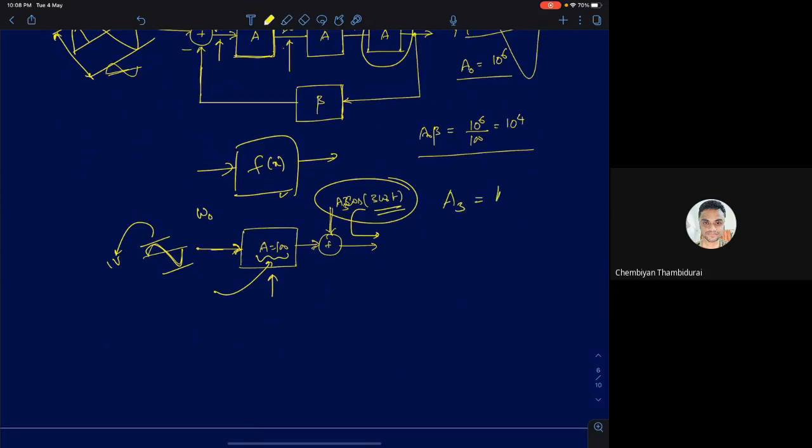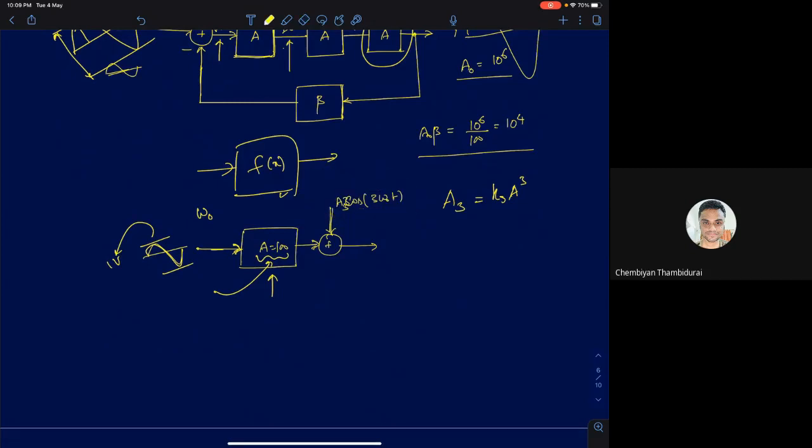A3 here is K3 into A cube, K3A cube cos omega naught. I'm modeling this as an external noise, an external disturbance.